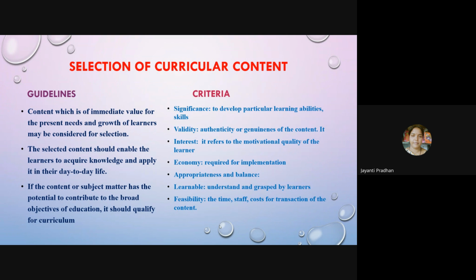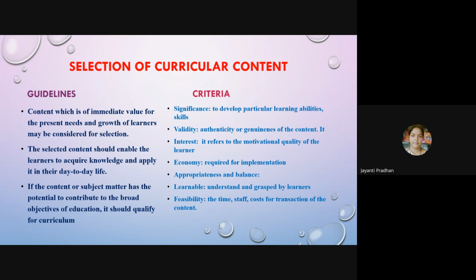Then appropriateness and balance. The content must be appropriate for a particular level. It must have correct information and it must not be so easy or so used to, nor so difficult and complex and abstract.